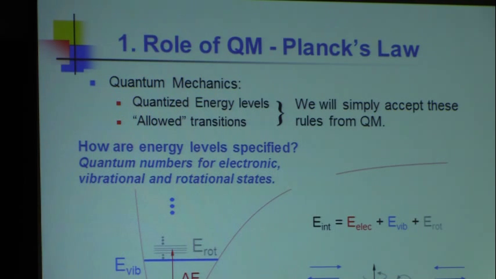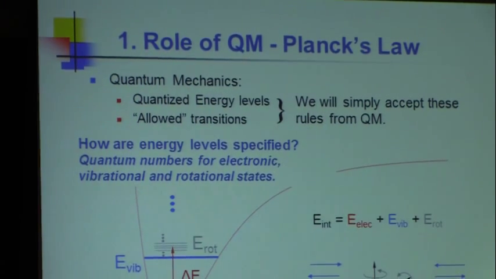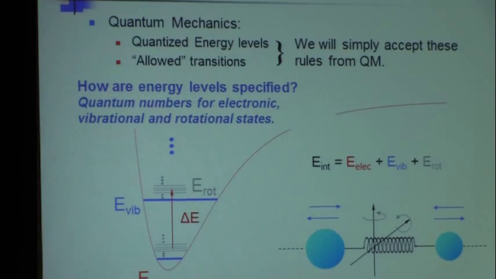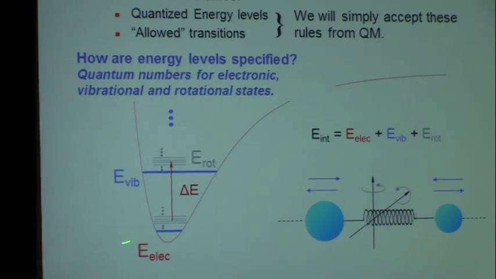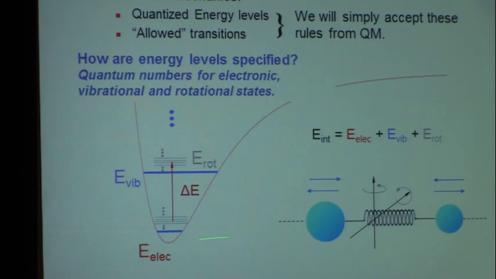They're quantized. This is a picture of a potential energy distribution for a diatomic molecule. We have a nitrogen molecule that's vibrating, rotating, and translating through space. The horizontal axis is the internuclear spacing, and the vertical axis is the potential energy stored in the spring that connects the two nuclei.